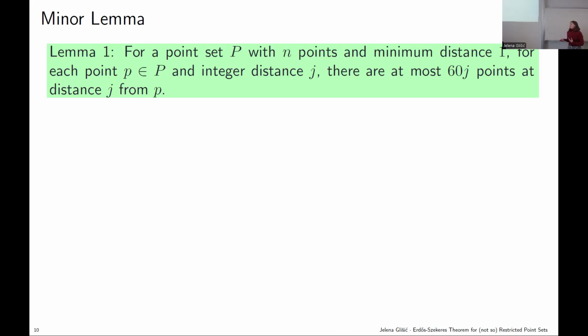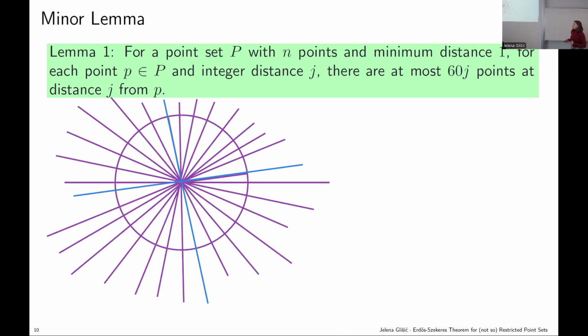So this is again some sort of packing argument, right? I want to divide the plane in such a way that if I have 2 points in the same region, then this is not possible. The minimum distance will no longer be 1.